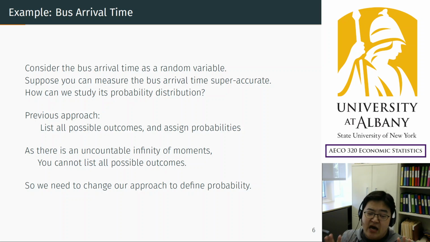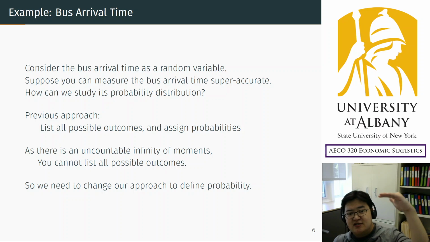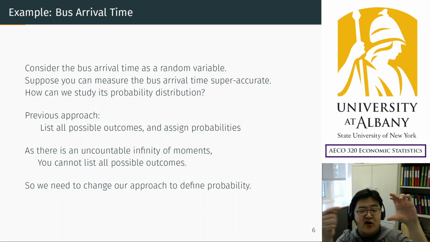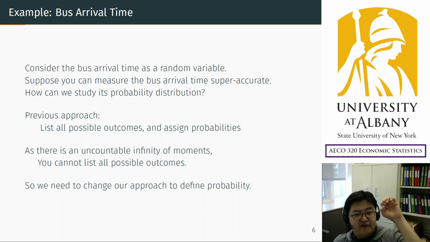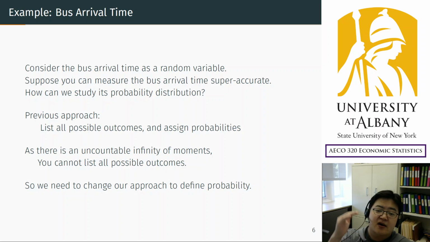That was possible because we could list all the possible outcomes. However, now that is not possible. When you list two outcomes, as I said before, there must be another outcome in between them. So you can find another outcome in between any two. So it is impossible to list all the possible outcomes.